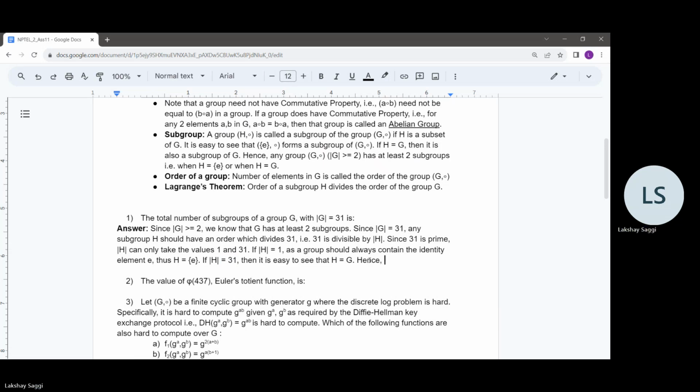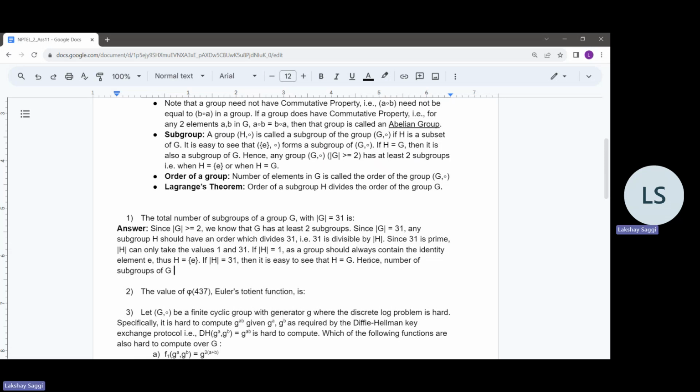So what we essentially show here is that the number of subgroups of G is less than or equal to 2. Why is this? If |H| was 1, there was one choice. If |H| was 31, there was another choice, and there cannot be any more choices.